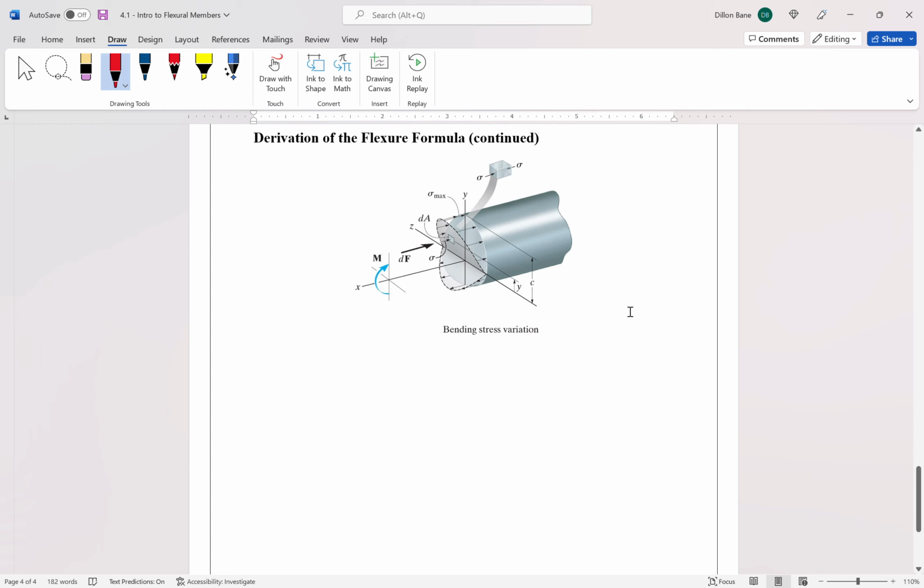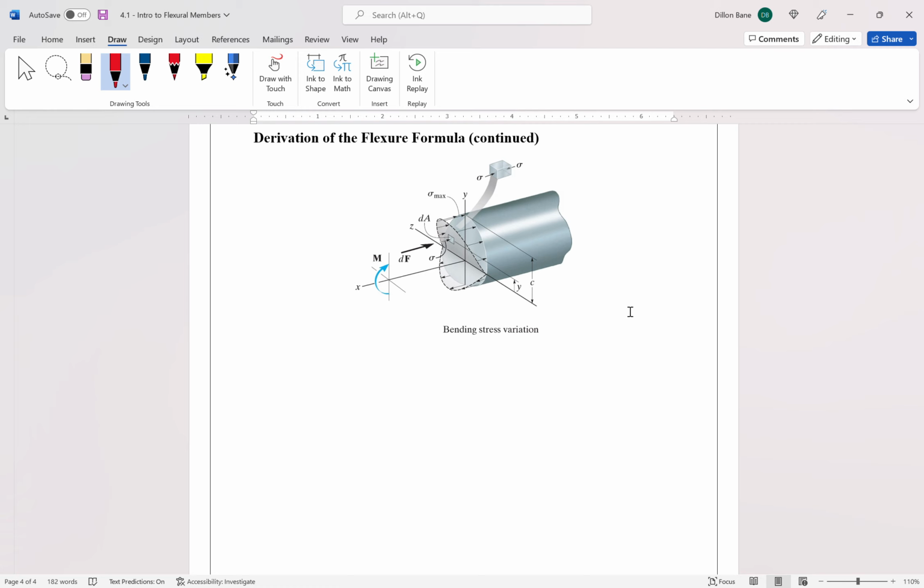So let's take this free body diagram where we've cut this beam, and it is a free body diagram, right? So assuming that the beam itself was in equilibrium, we've taken this free body diagram of it. This free body diagram must also be in equilibrium. So applying our equations of equilibrium to this free body diagram, we're going to be able to do some things.